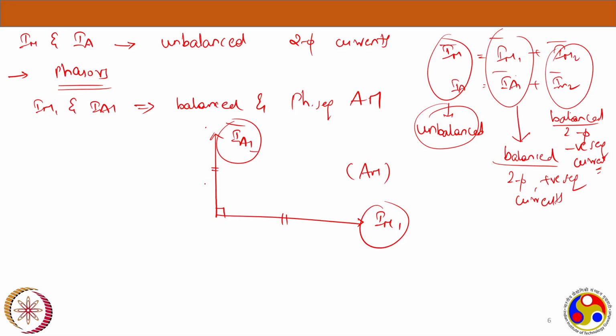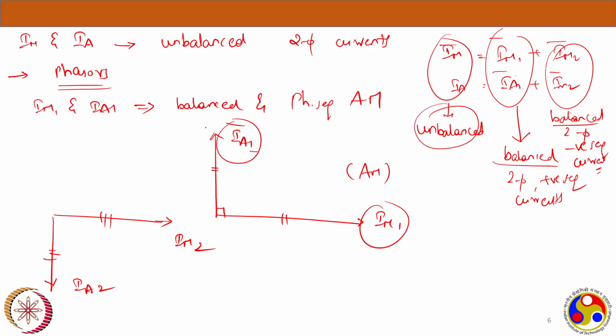Now your negative sequence component phase sequence will be reversed. It should be MA, and M should lead A. So if this is IM2, the length would be the same, and you will have IA2 here. This is how it should be.